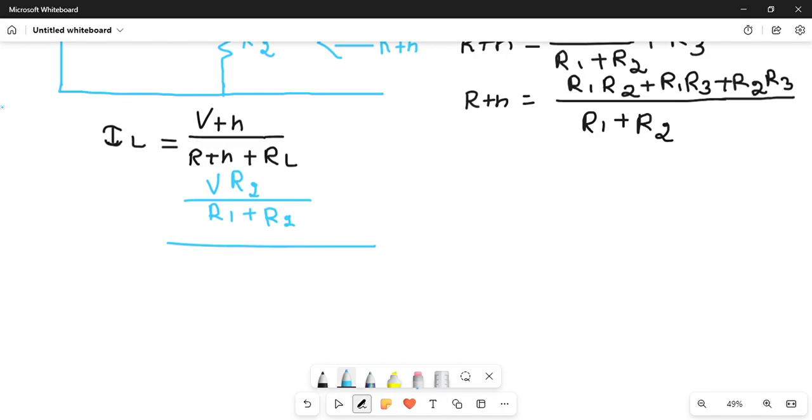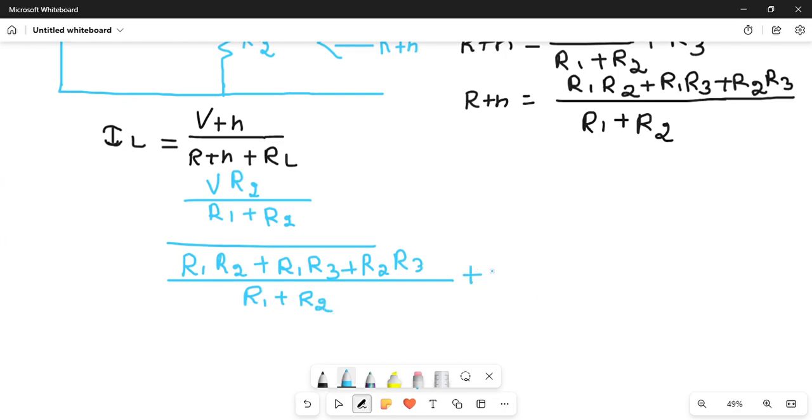So now let me write that as R1 plus R2 R3 divided by R1 plus R2, plus RL, the thing we've written, right?